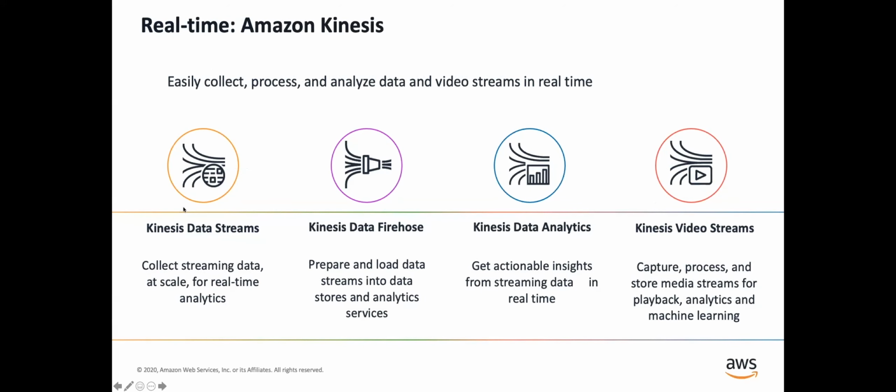When we deal with big data, a particular type of data is called real-time data. Amazon Kinesis is a solution for you to collect, process, and analyze data, structured or unstructured. It can deal with semi-structured data, text, and also video and images.